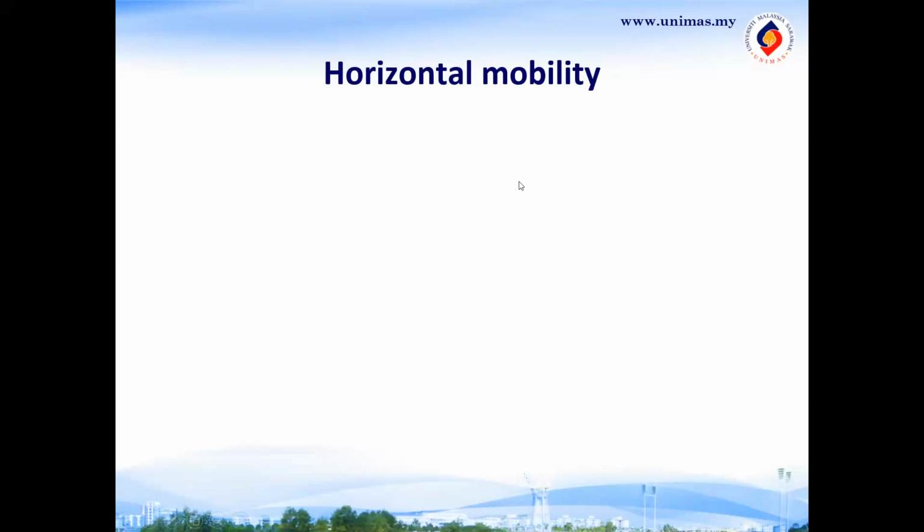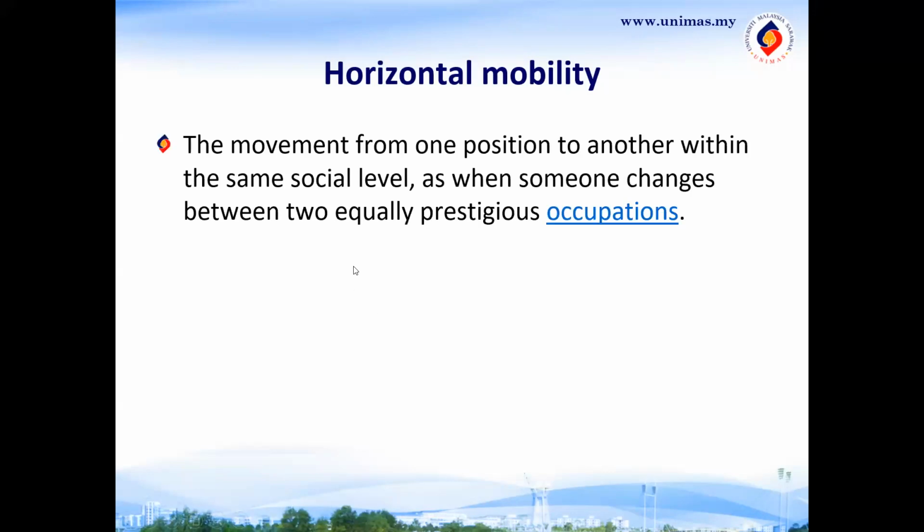Now, the next one is lateral mobility or horizontal mobility. This refers to movement from one position to another within the same social level, as when someone changes between two equally prestigious occupations.